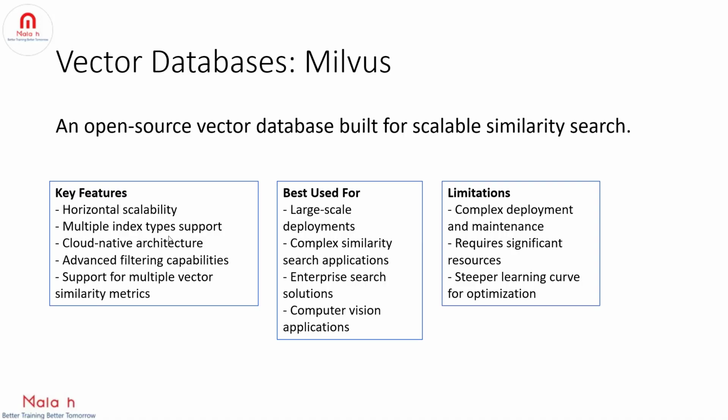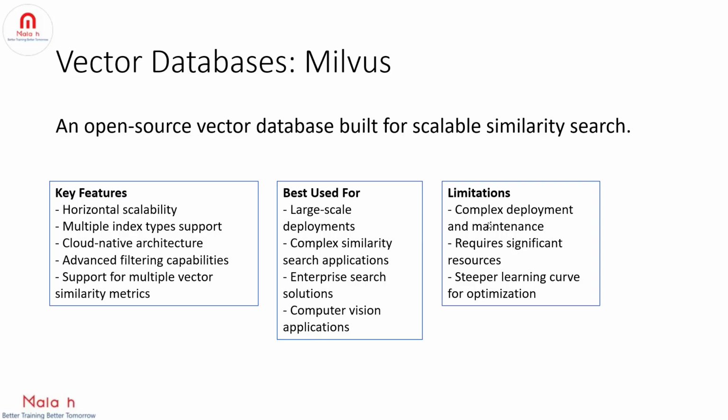And it has got multiple index type support, cloud native architecture, advanced filtering capabilities, and it has support for multiple vector similarity metrics. And Milvus is best used for large scale deployments, and it is best used for complex similarity search applications, enterprise search solutions, and it is best used in computer vision applications.